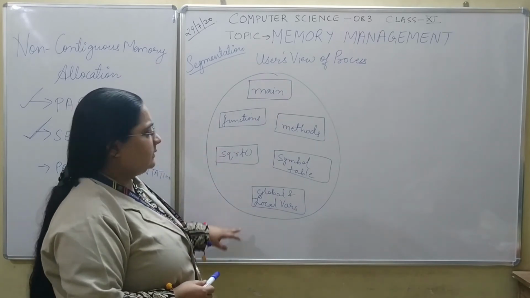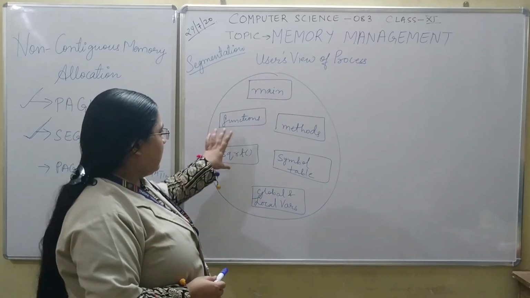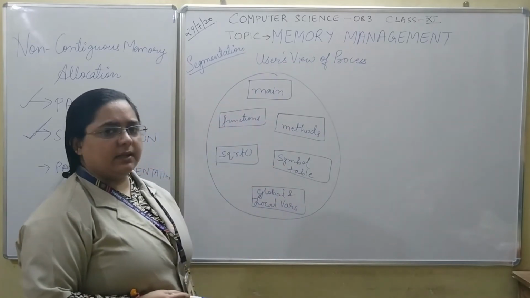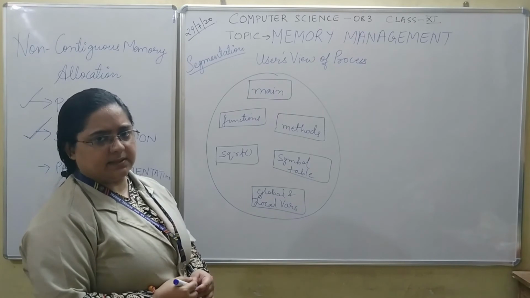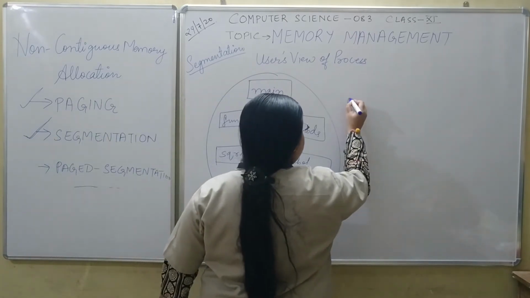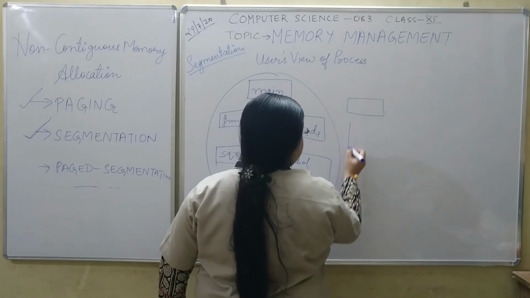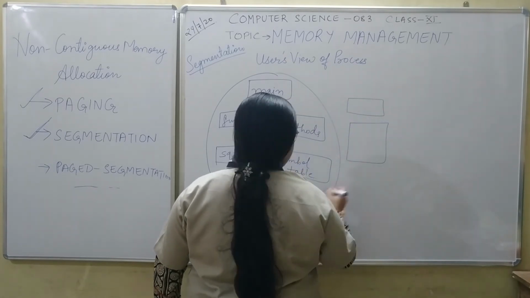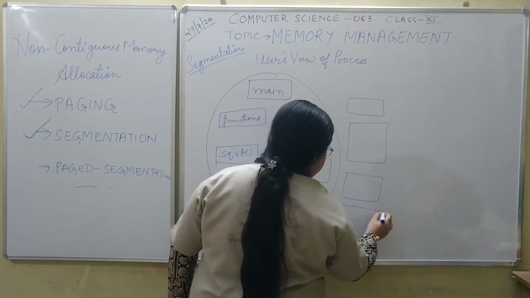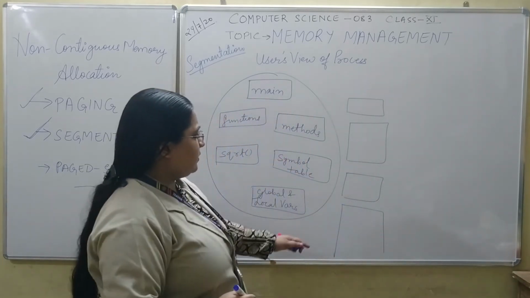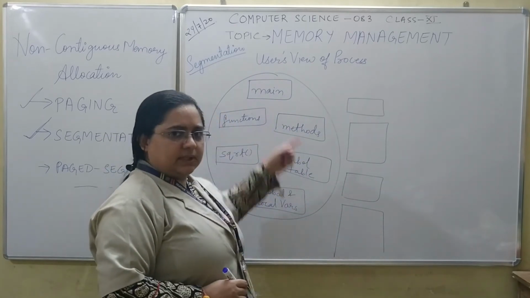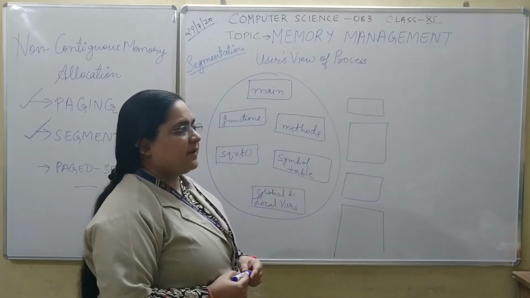contain multiple things. Okay, and all these multiple blocks which you can see, they are different in size. They are variable in size. So your main program could be this much, your methods could be large, your functions could be a medium-sized function, symbol table could be a large table. So you can see that the sizes of each of these parts within your program are variable.